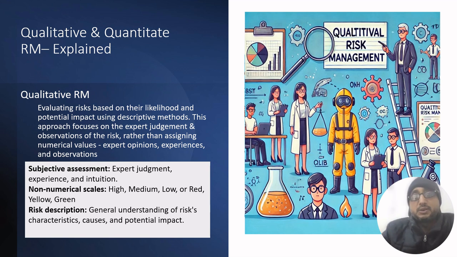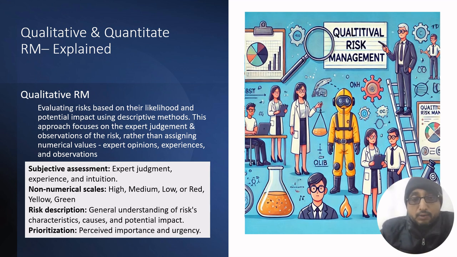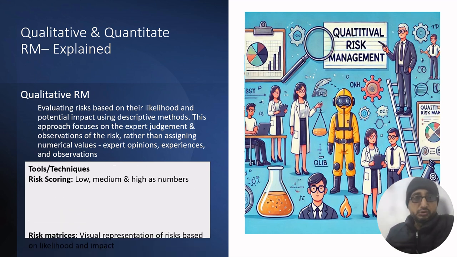Also, when we describe the risk in this method, we get a general understanding of the characteristics like its causes or potential impact, as it comes from the expert's opinion, and the quality of understanding it has may vary. Then prioritization also, because everything comes from the mind of an expert, is perception based. It depends on how an expert gives urgency to a specific risk, or how much importance he gives to the specific risk.